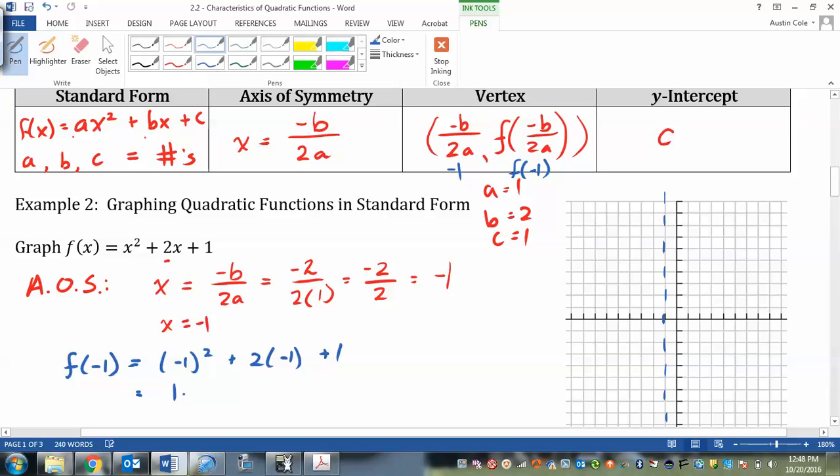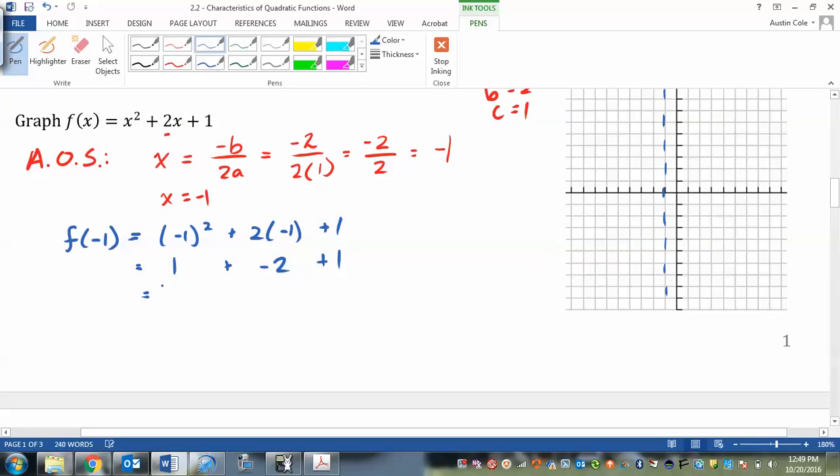That's 1, right? Plus, what's 2 times negative 1? Negative 2 plus 1. What's this going to give me? What, Kim? That's going to give me 0. So f of -1 equals 0.